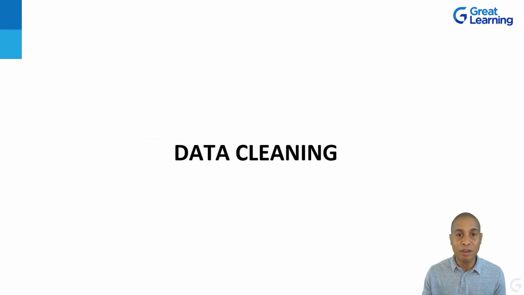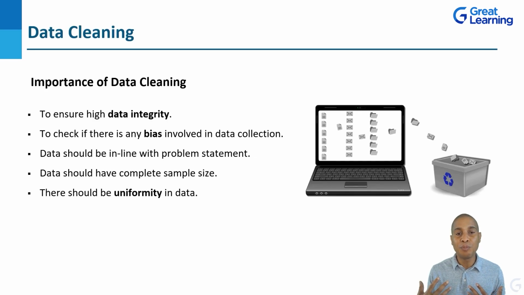So let's talk more about data cleaning, which is an essential step in the data analyst project. So the most important thing we want to make sure we do is to ensure we have high data integrity. We want to be able to check if there's bias involved in the data collection. Data should be in line with the problem statement. So you shouldn't be looking at data that is very unrelated. If you're looking at analysis of horse dimensions, you shouldn't be using a data set based on supermarket sales.